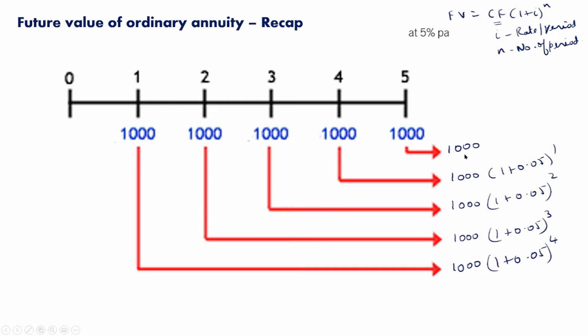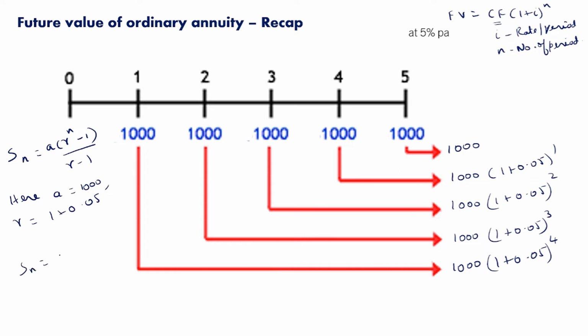So here we can see that to know the future value of this ordinary annuity, we can add all these. It is a geometric series where the first term is 1000 and the common ratio is (1 plus 0.05) the whole raised to 1. So using Sn equal to A into (r raised to n minus 1) upon (r minus 1), we have here A equal to 1000 and r equal to 1 plus 0.05.